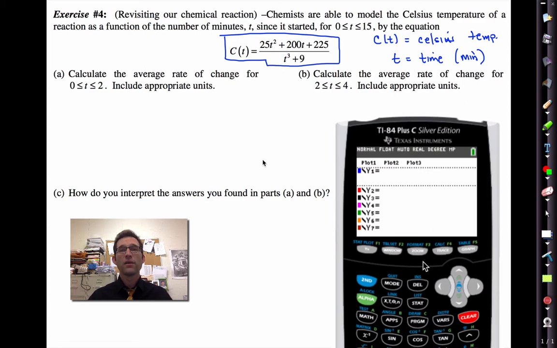All right. And now let's put this equation in. We're going to put it in terms of x, okay, not in terms of t, but that's okay. Depending on how old your calculator is, you have to be kind of careful with your parentheses use.